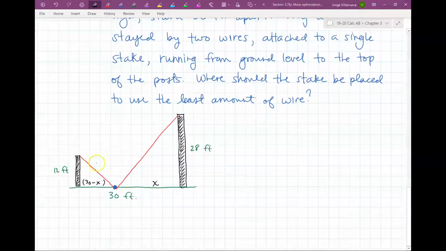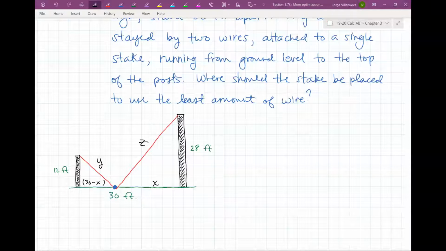Let's call this Y, and we'll call this Z. I'm just tying some stuff in, because Y plus Z would be what? What would Y plus Z represent? The amount of the wire.